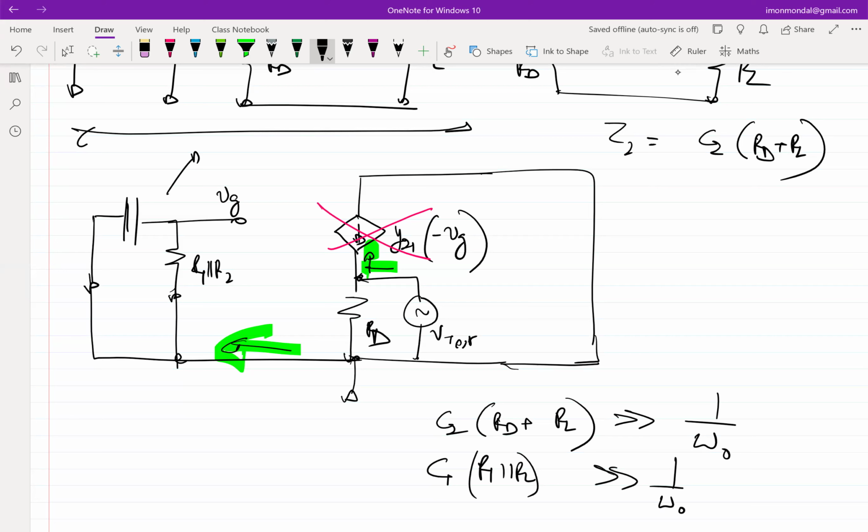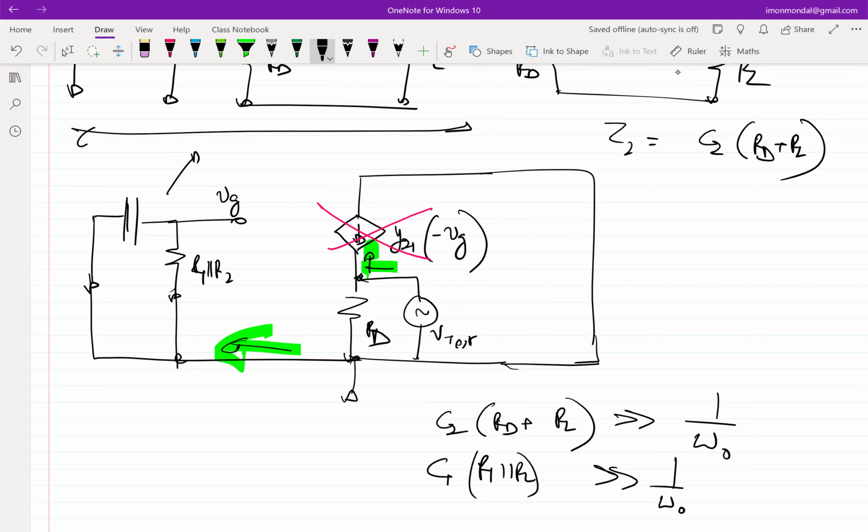But the other things are in your control. C1, C2, RD, R1 and R2 are the designer's choice. So you have a range of values for which you can satisfy whatever you want to do. Okay, make sense?